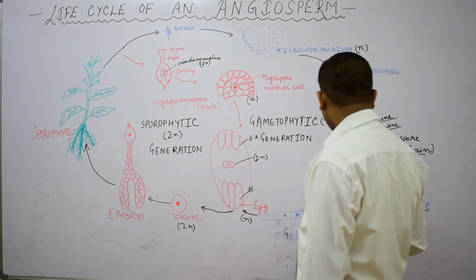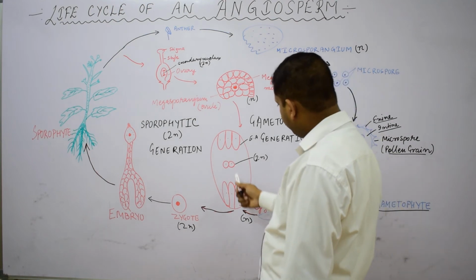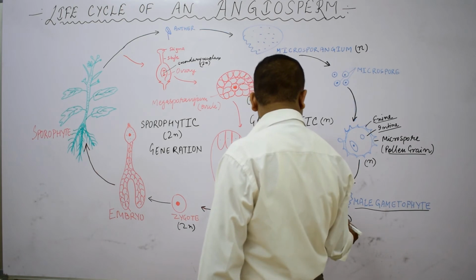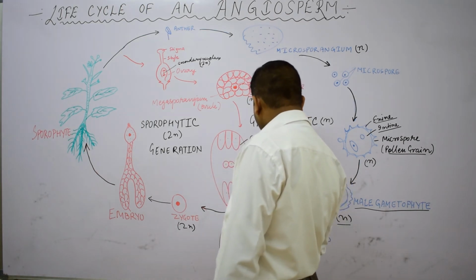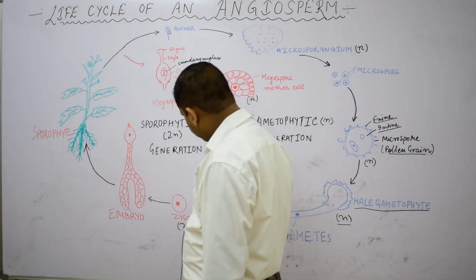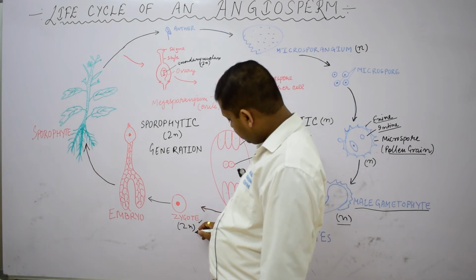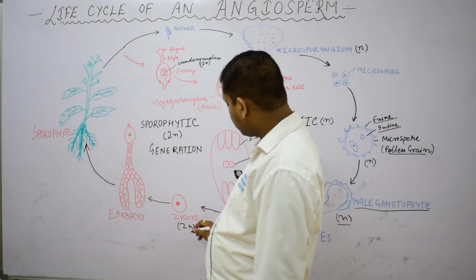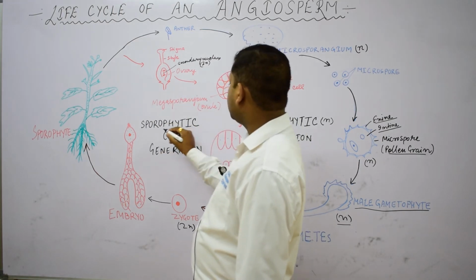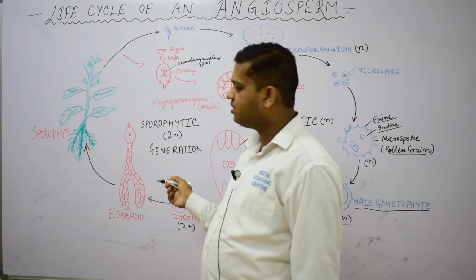Now, this n chromosome coming from the haploid male gametophyte fuses with the female gametophyte, which is also haploid. Then n fuses with the n of the female gametophyte and they make the zygote. The zygote is a diploid cell, meaning the chromosome number is 2n, and this condition is known as the sporophytic or 2n generation, the diploid generation.